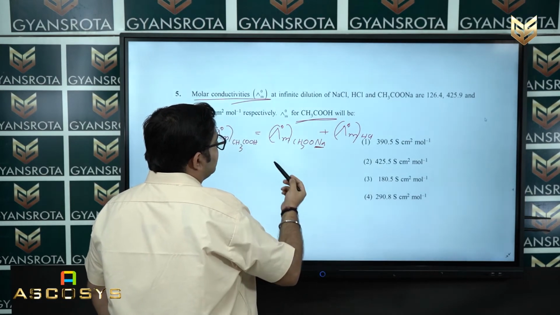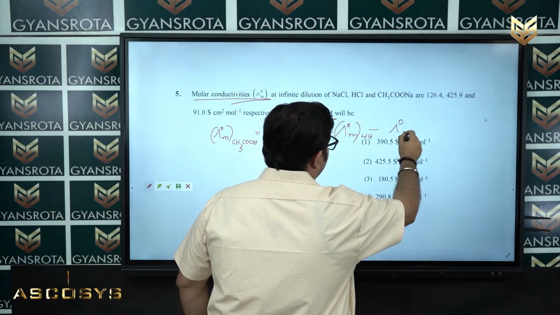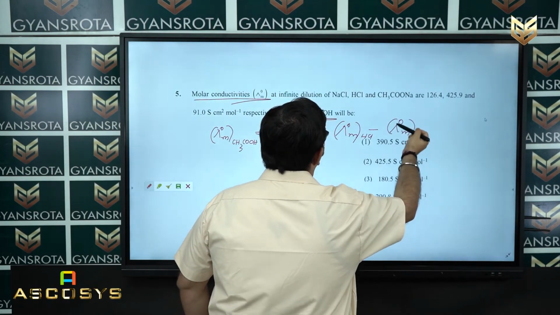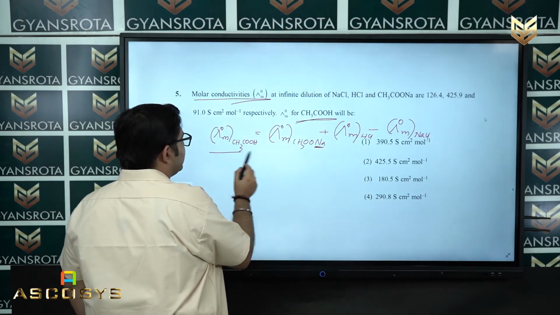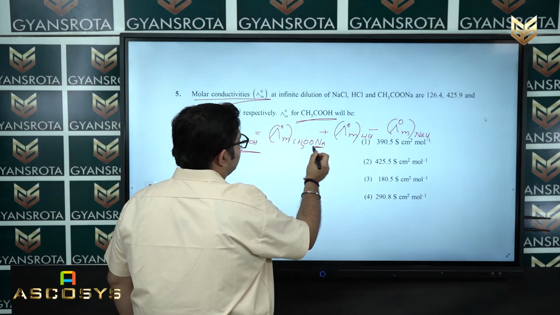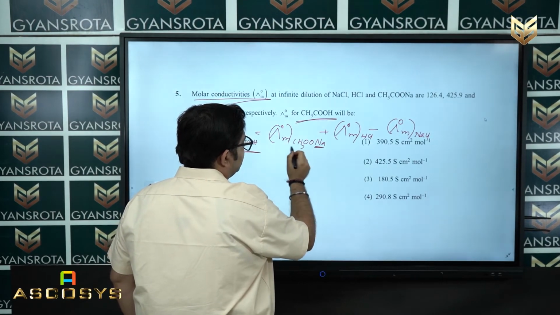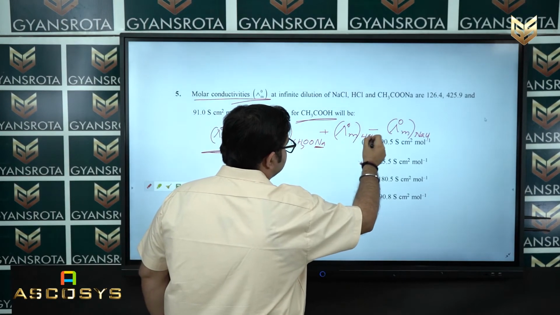So how will it be removed? If I subtract the value of Λm° of NaCl. We take CH3COONa, whose value is given, and add HCl.